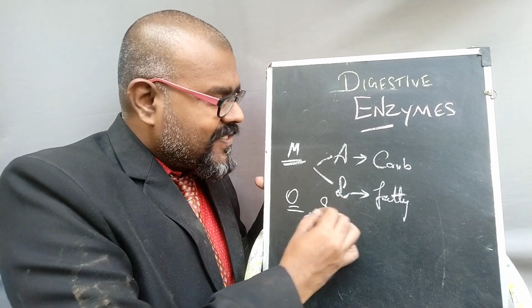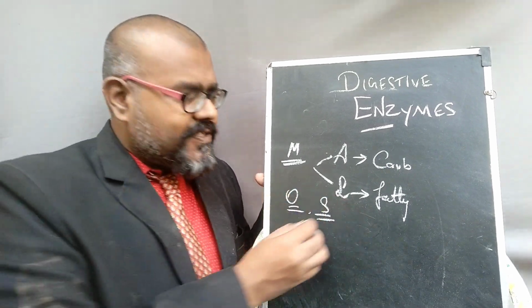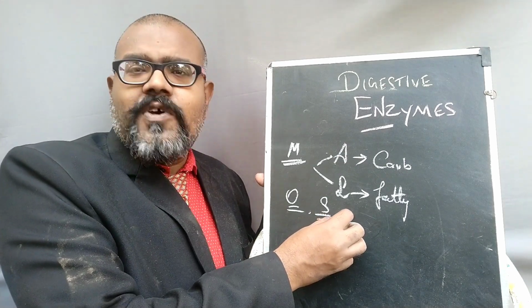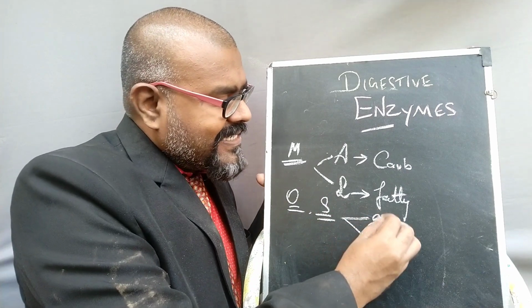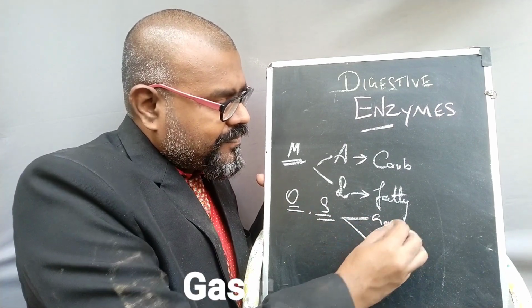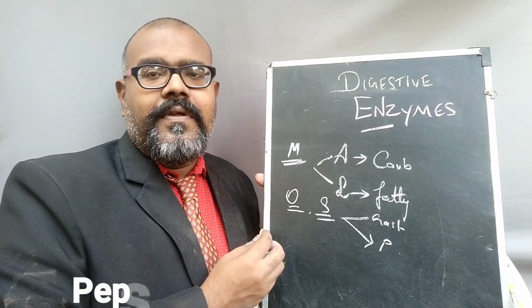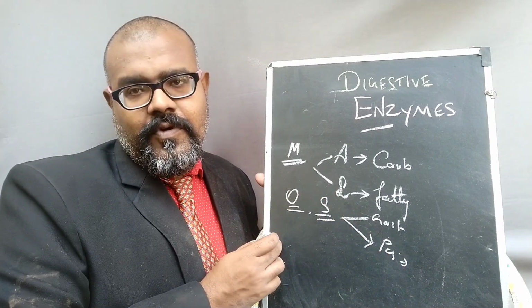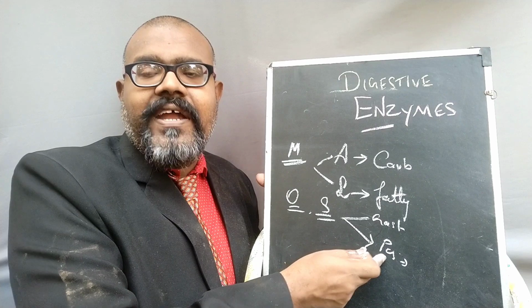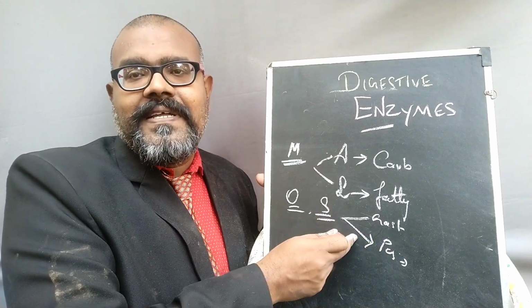The next region is the stomach. The stomach has many enzymes, but the most important are the gastric enzymes and pepsin. Pepsin is secreted as pepsinogen, and the pepsinogen is activated to convert it into pepsin.